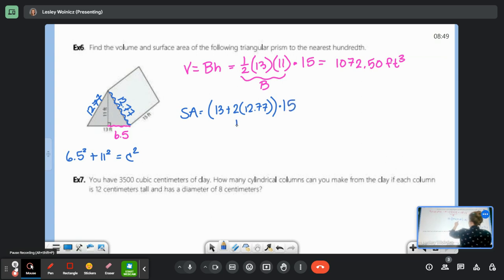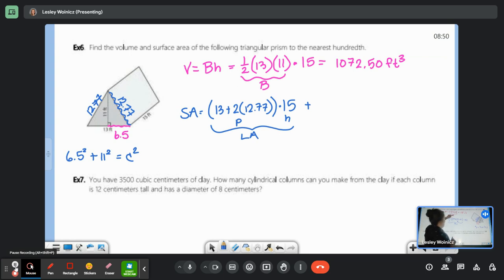So this is our P, this is our height, and this whole thing gives us our lateral area. Okay, that's just the lateral area. What do we still have to account for? The two bases are triangle bases. So we have to add on the bases.